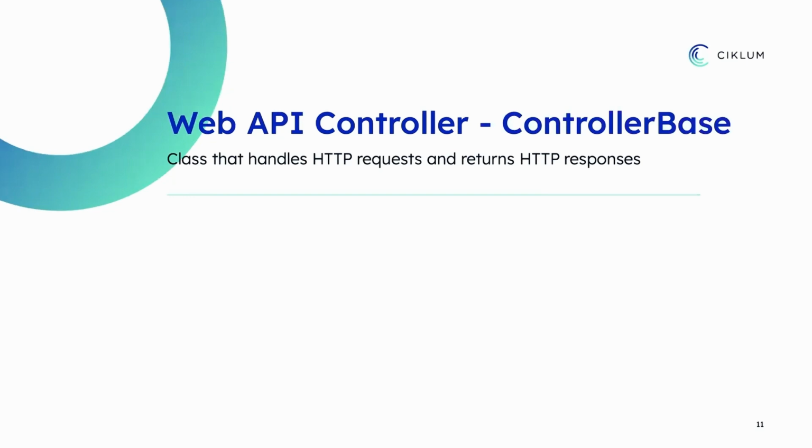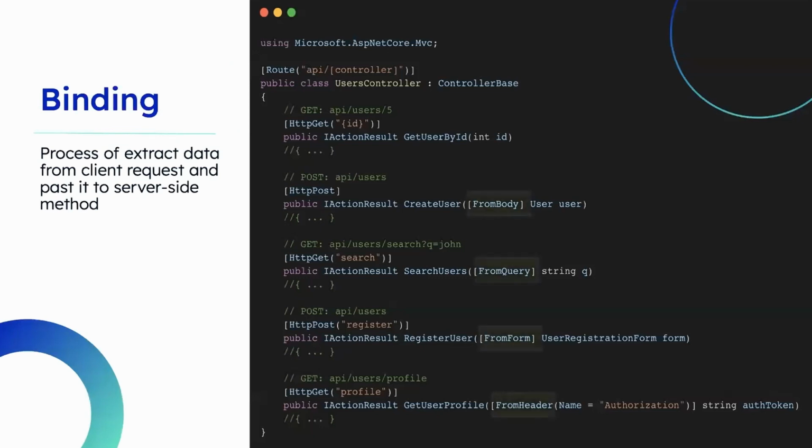So what is the controller base? Let's have a look inside. Of course, it's a class that helps us handle HTTP requests and return HTTP responses. It contains some features which help us with building web APIs: binding, routing, validation, authorization. So what is behind that?